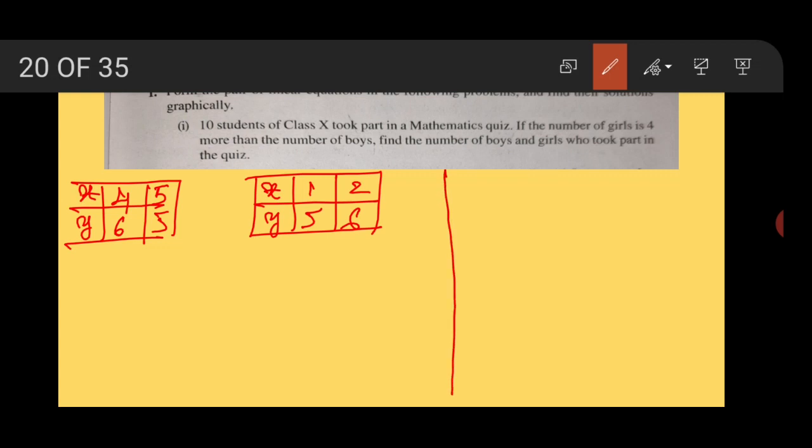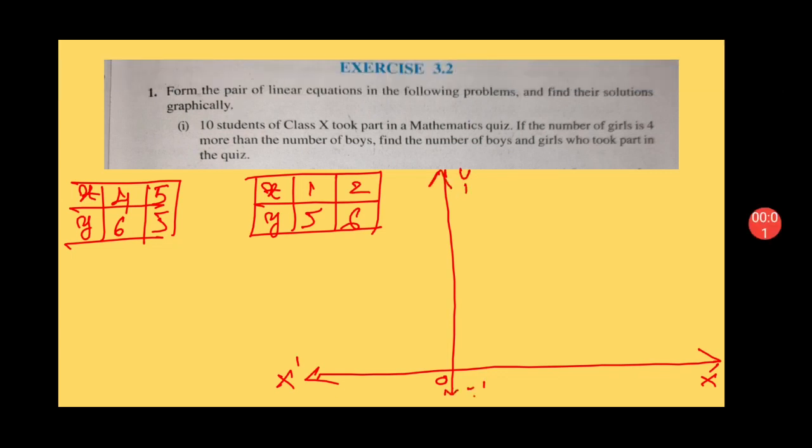This is the y-axis and this is the x-axis. X dash, O, X, Y dash, Y. What is the maximum value of x? It is 5. What is the maximum value of y? It is 6. So we require 6 on the y-axis and 5 on the x-axis.